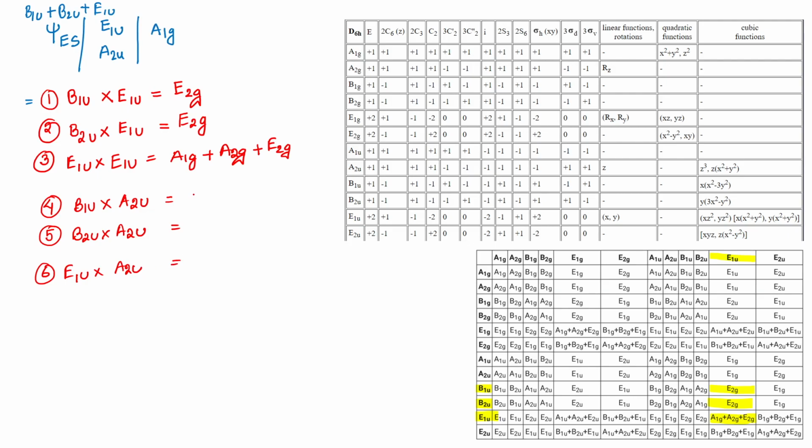B1U into A2U is B2G, and B2U into A2U is B1G, and E1U is E1G. So I'll write it here. It is B2G, B1G and E1G. Neither of them contains A1G.